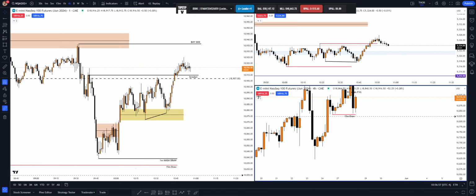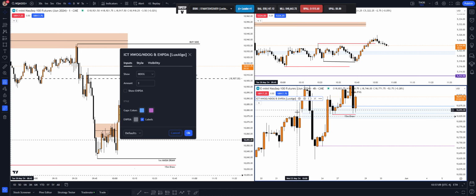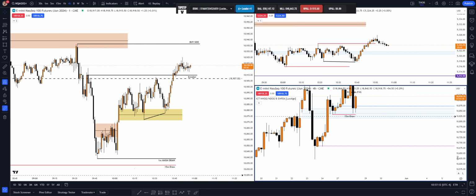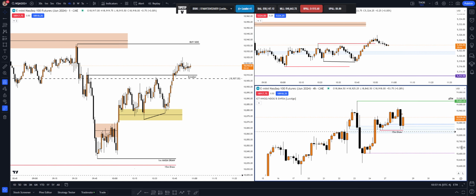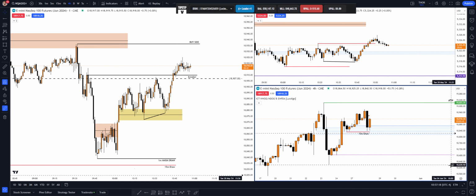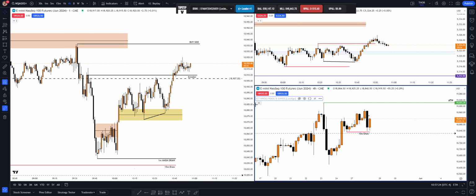So there is the gap from Nvidia, not that one. Come on, this one. It's literally the CE of that gap. So again, like I said, it always makes sense when you put in the work. You'll understand what I mean by that.